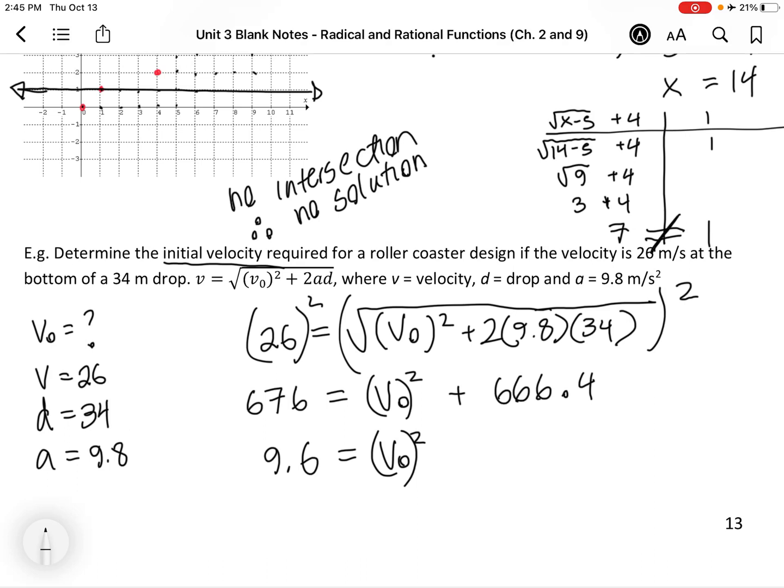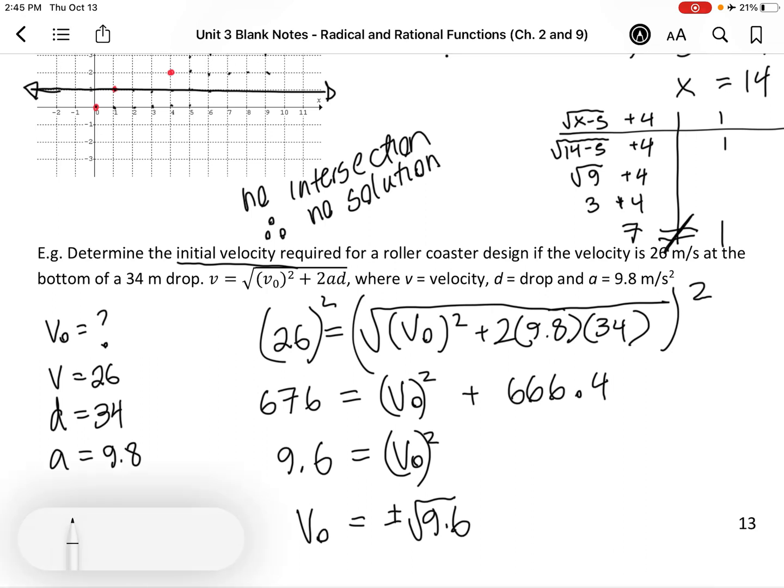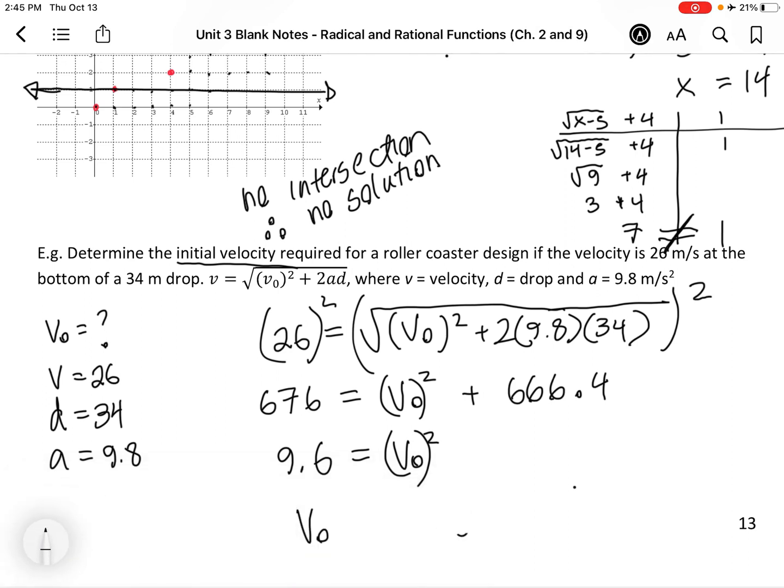Now technically if this was just an equation with no context, you would say that V naught has to equal plus or minus the square root of 9.6. However, I'm going to write it out as negative root 9.6 or positive root 9.6.